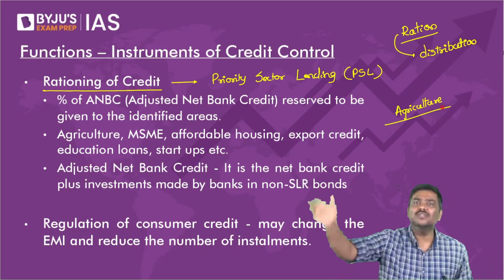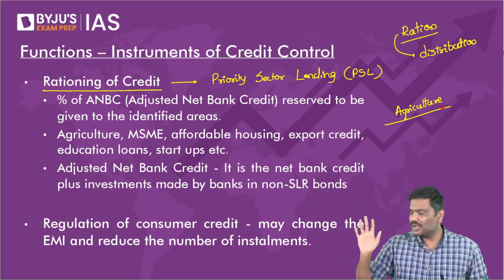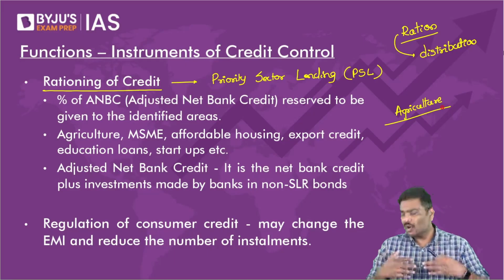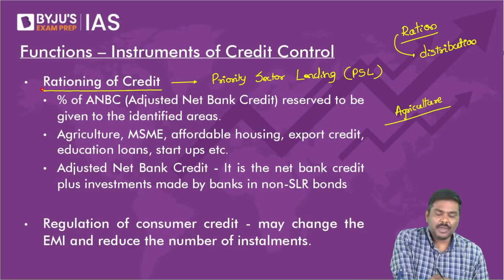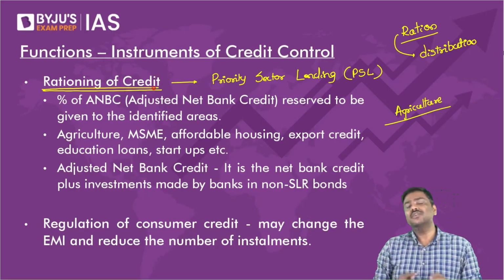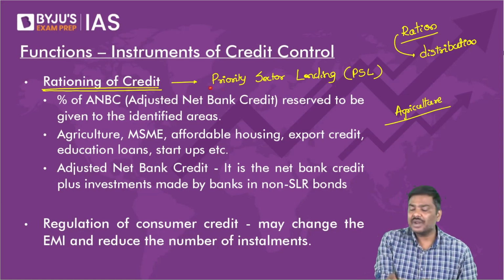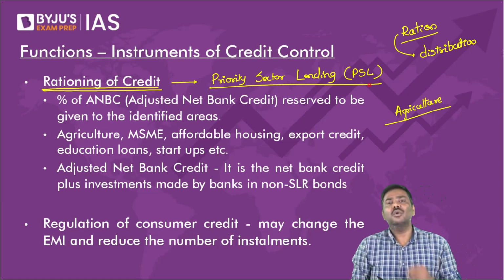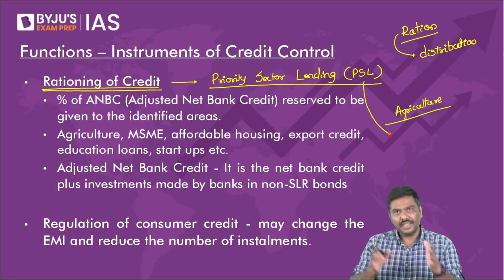But can RBI allow this to happen? Can RBI simply say, then don't give loans to the agriculture sector, don't give loans for exporters? They can't do that. In order to address this issue, the Reserve Bank of India has introduced the concept of rationing of credit, under which there is a tool by the name of priority sector lending. What is priority sector lending?